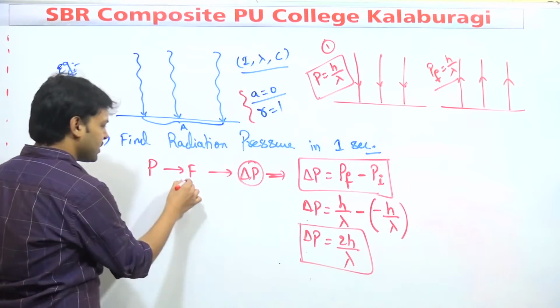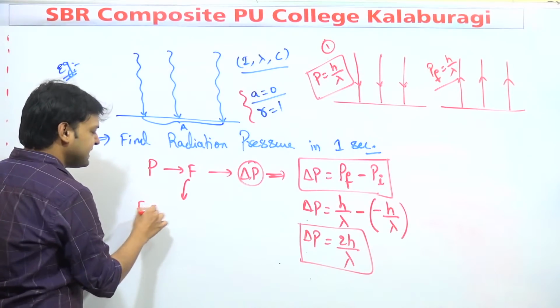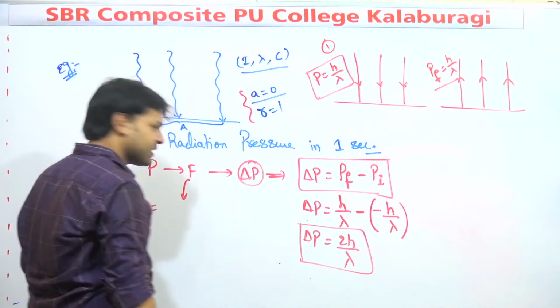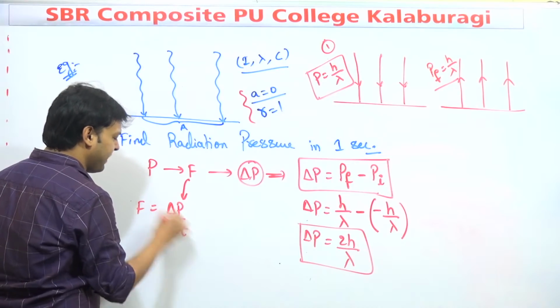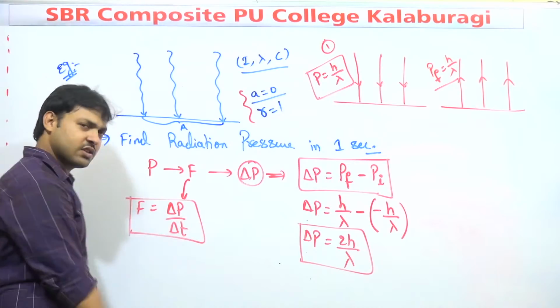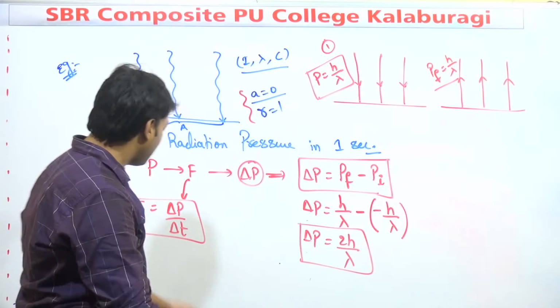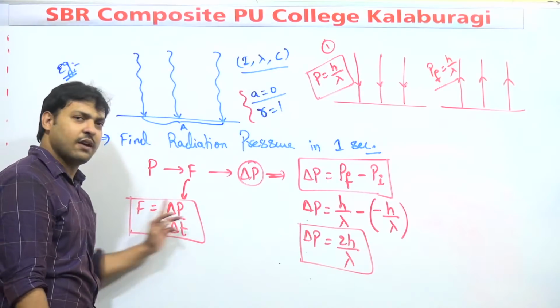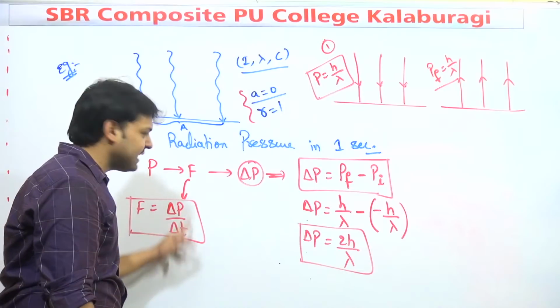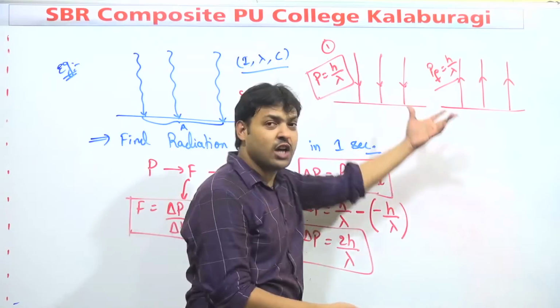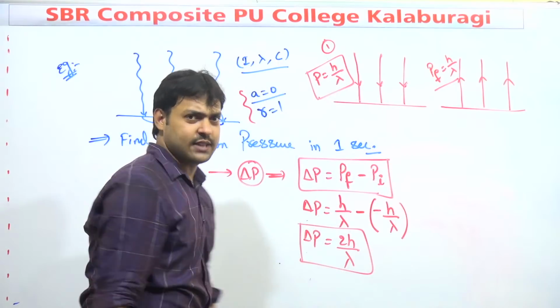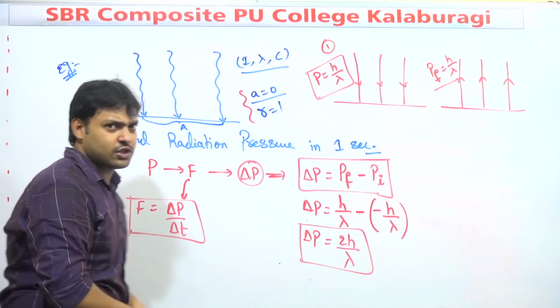Now force, which is equals to, we know. What is force? According to Newton's second law, rate of change of momentum we call as force. Now force which is equals to delta P by delta T. Clear about the point? Now how many number of photons? N number of photons. We want the average force or the net force.